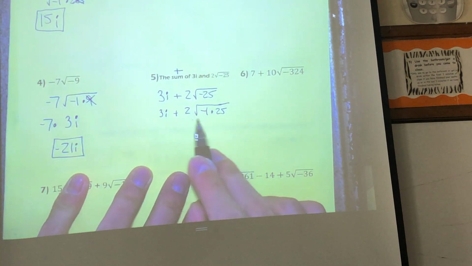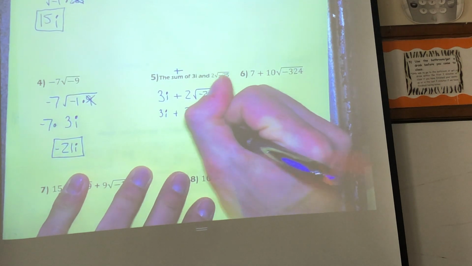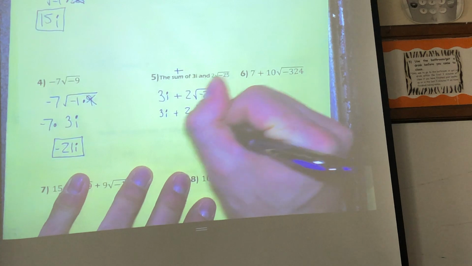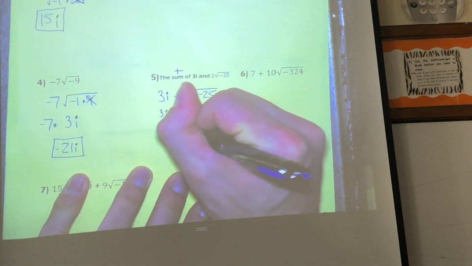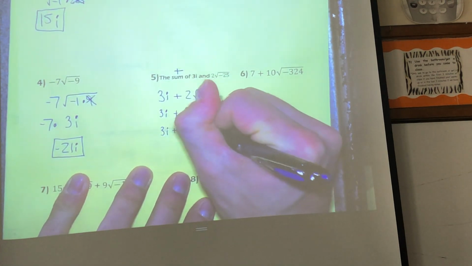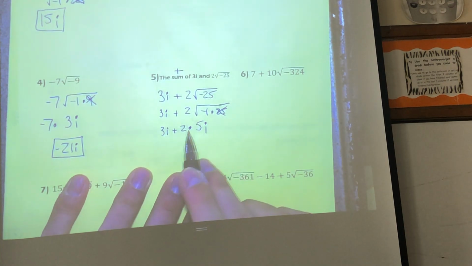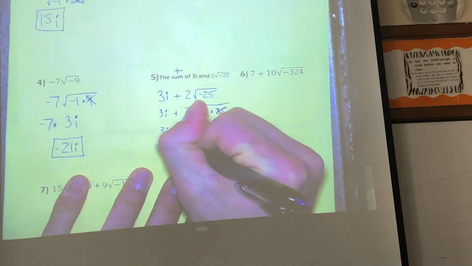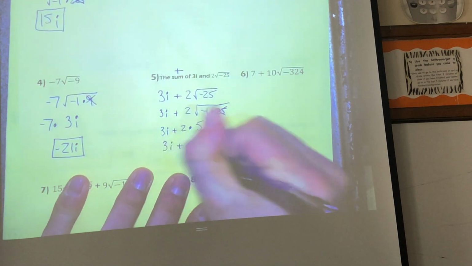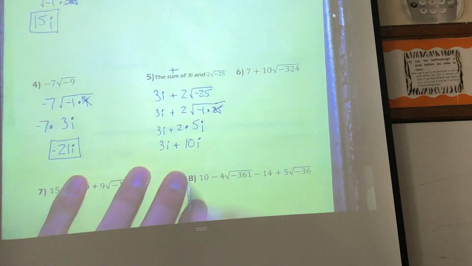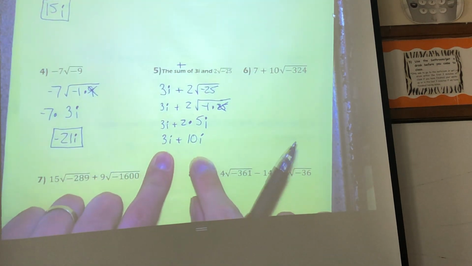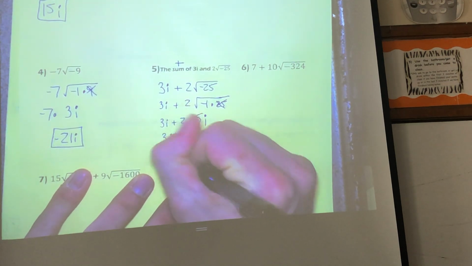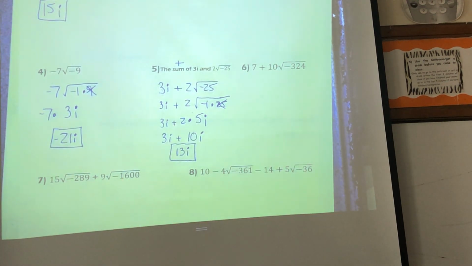Square root of -1 comes outside as an i. 25 is a perfect square. That comes outside as 5. So you have 3i plus 2. Remember, we are multiplying this term that comes outside. So 3i plus 2 times 5i. You have 3i plus 10i. These are like terms. 3i plus 10i will give me 13i. So that is my answer.